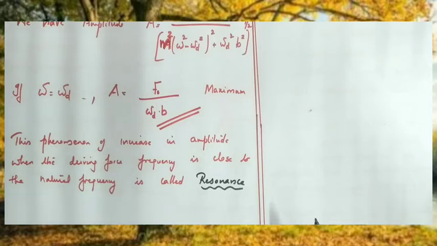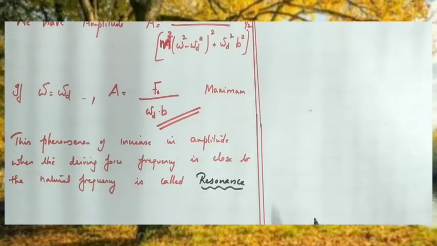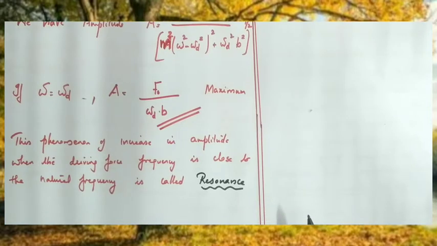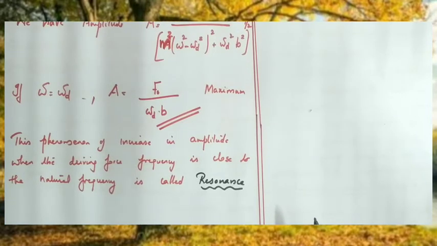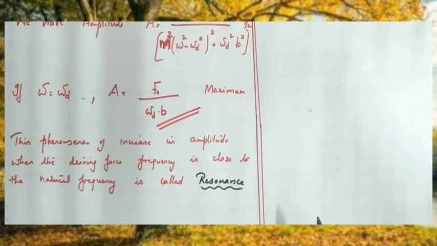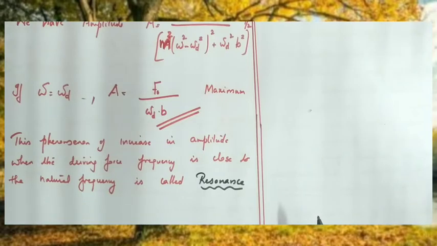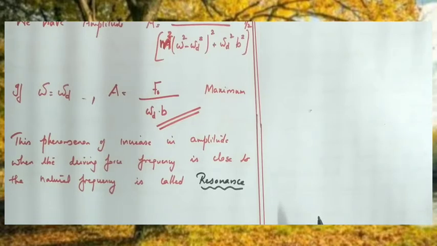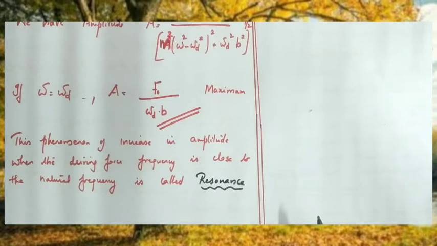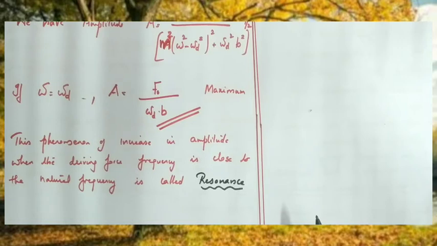For example, in a moving swing, a child in the garden is swinging and usually presses the ground periodically. Pressing the ground periodically means it is a periodic motion, it has some frequency, that is the applied or driven frequency, and the swing has its own natural frequency. If both the frequencies are equal, what happens to the amplitude of oscillation of the swing?